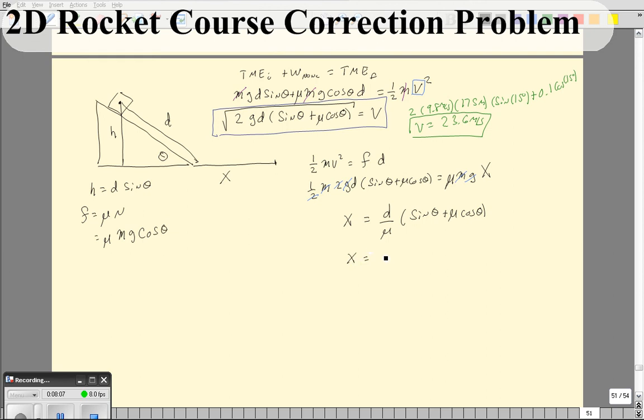The d, the run down the hill, was 175 meters. The mu was 0.1. The angle was 15 degrees.